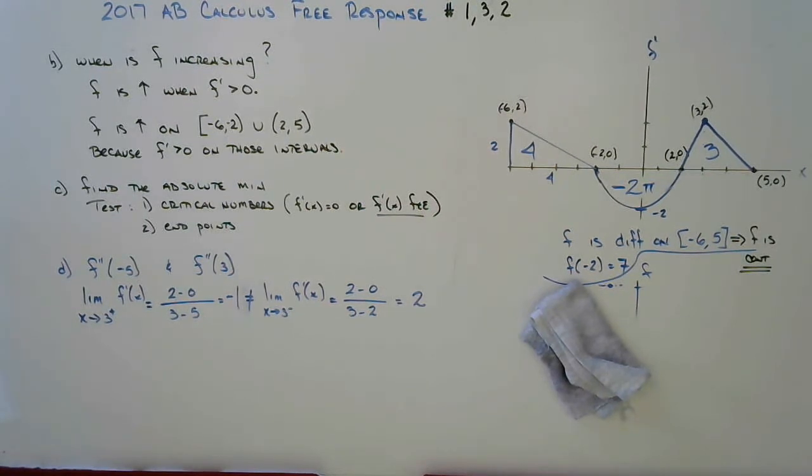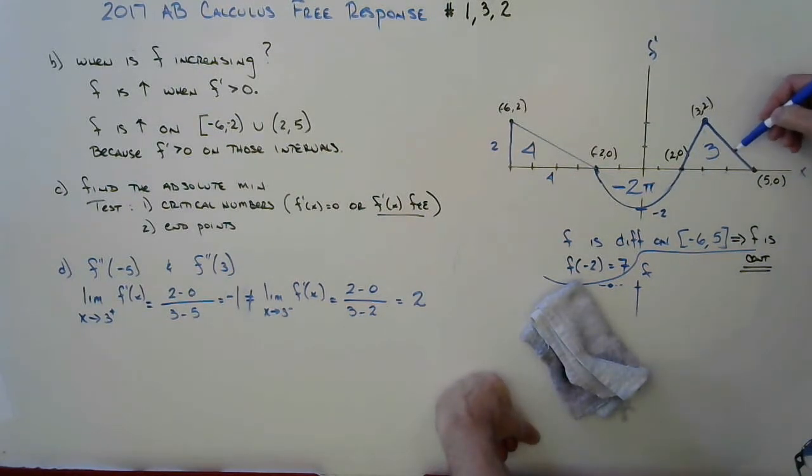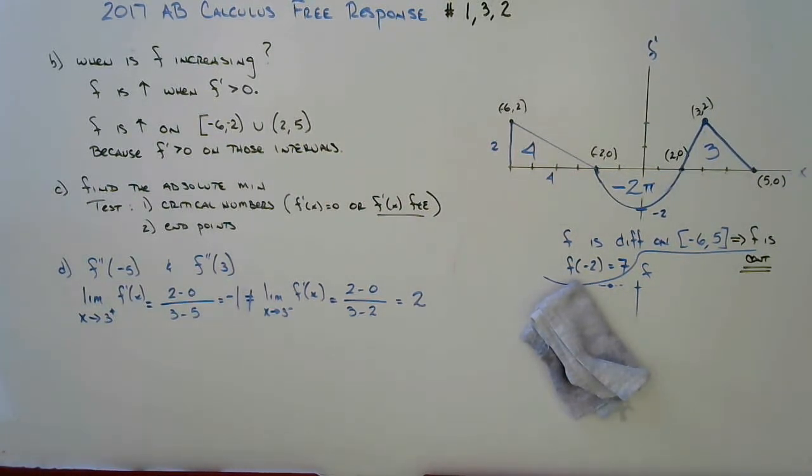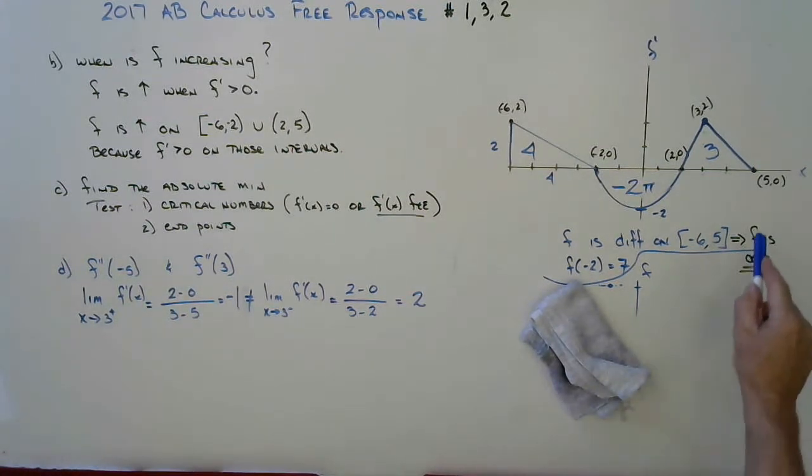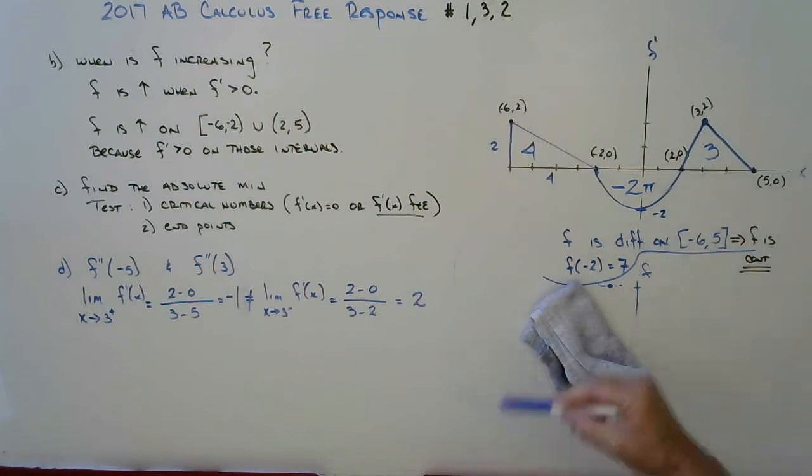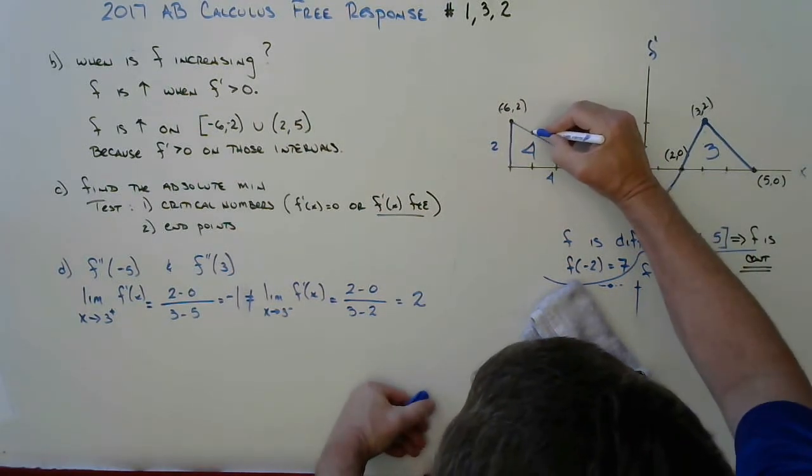What about f double prime of 5? Well, that's just the slope here. We just did that one, I guess we haven't really done that, because here, that's f double prime of positive 5. We want f double prime of negative 5.